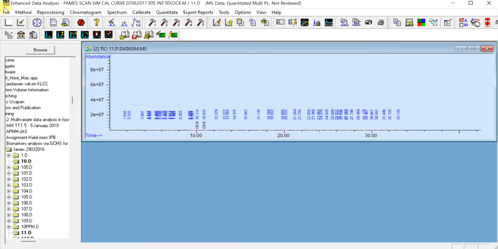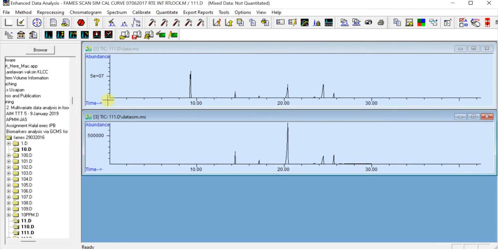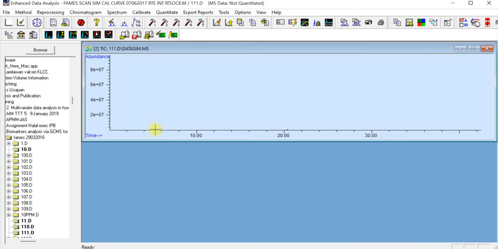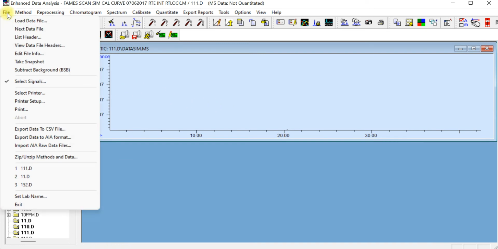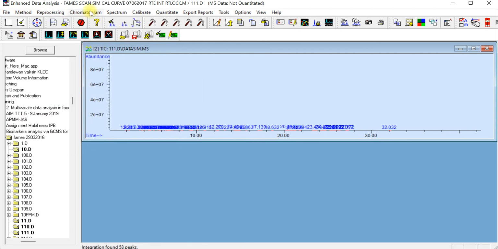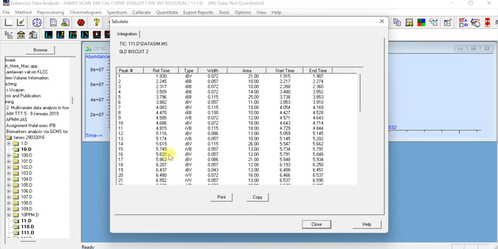However, how about I choose another sample? I would like to have this one. For example, this is a sample, I think a biscuit, containing some fatty acids. I would like to integrate this one, and you can see at the integration result, at 10.126, this is the hexanoic acid retention time, we get the area of 309.